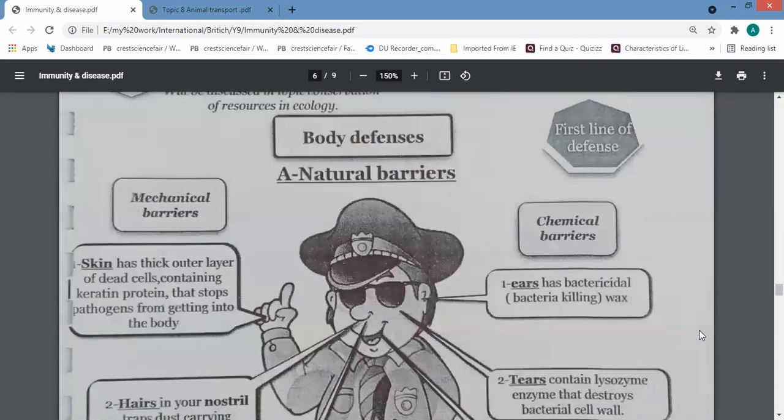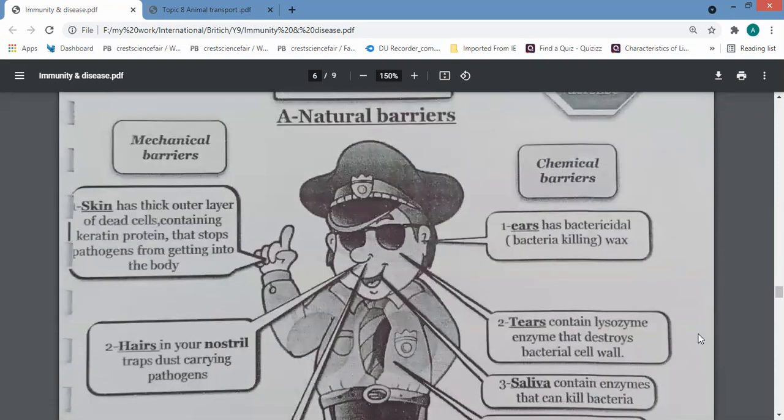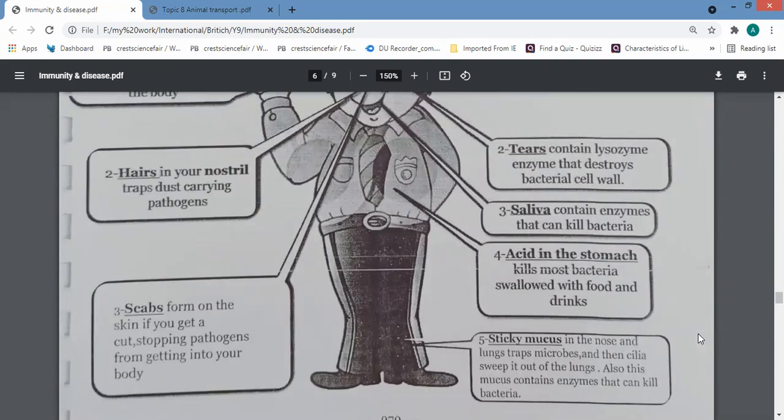Rapidly, the first line of defense, the chemical barriers. There are five chemical barriers: ears, eyes, mouth, stomach, nose.